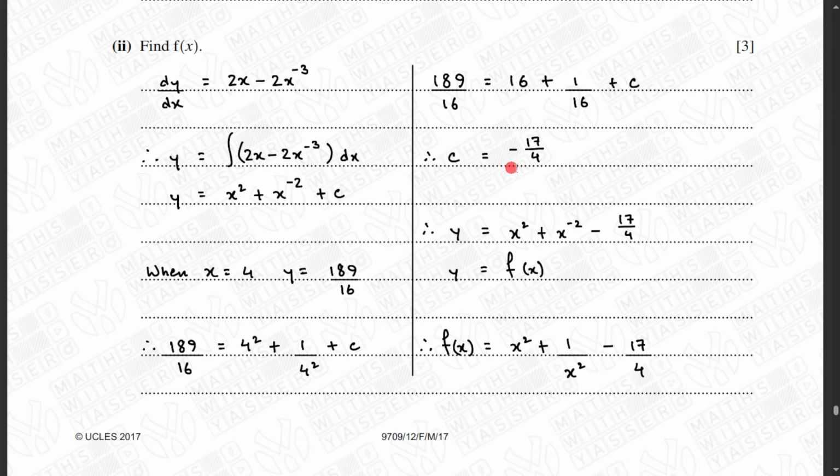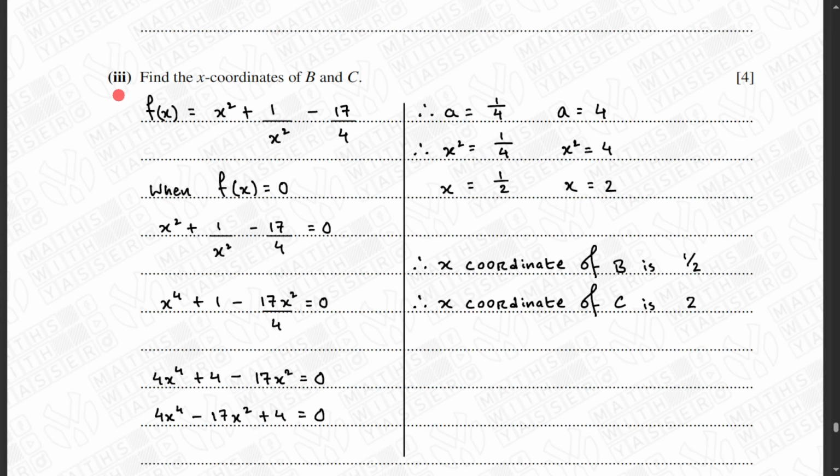That means c is equal to minus 17 over 4. So the equation must be y is equal to x square plus x to the power minus 2 minus 17 over 4. And since y is equal to f of x, we can say f of x is equal to x square plus 1 over x square minus 17 by 4.